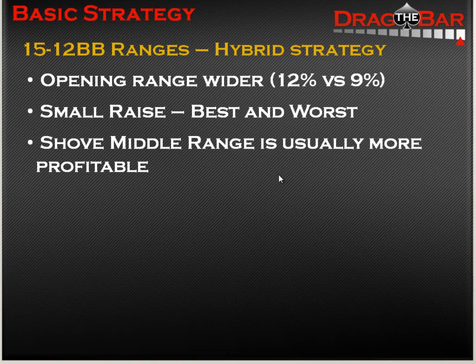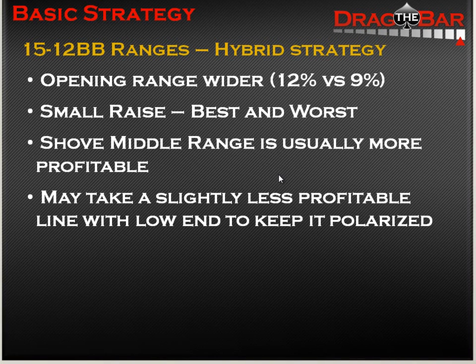Here, if you're min raising very strong and very weak hands, then they don't know whether they can 3-bet over you as easily with your min raises, and they also don't know whether they can call your shoves as easily. So it's a good way to have your strategy be really balanced.